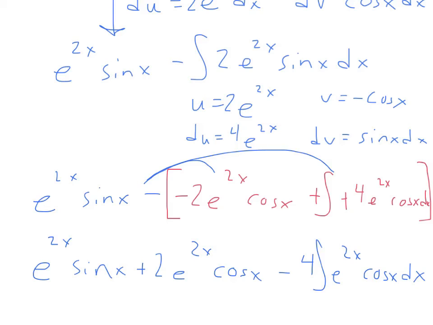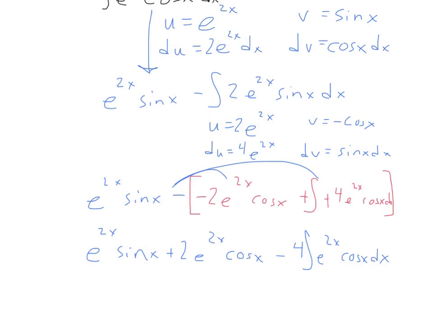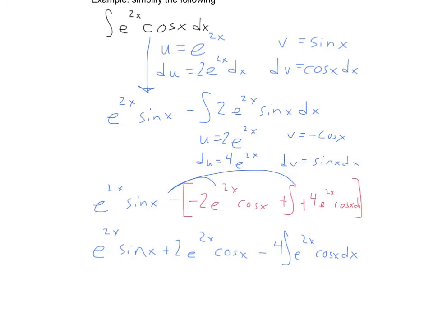Okay, now, did we come full circle? I think we did. If we zoom out a little bit, we can see it better. Sure enough, this problem originally was about the integral of e to the 2x cosine x, and that's what I have here. My integral here is equal to the integral I started with. Sorry for the mess there.